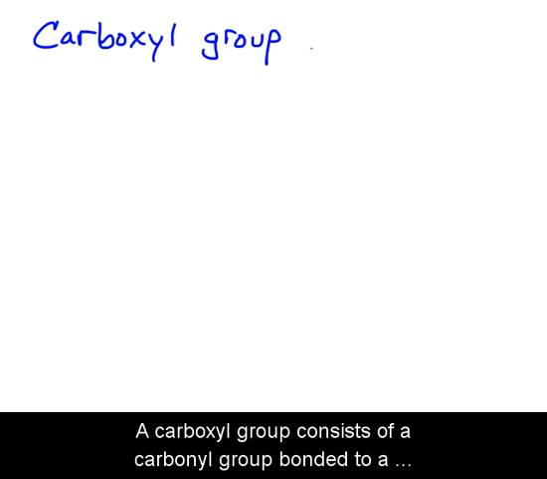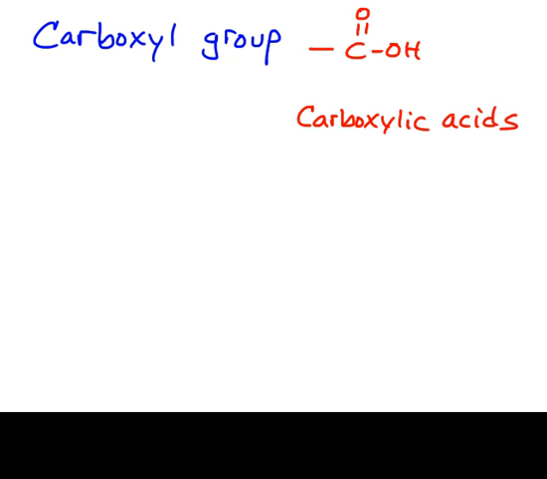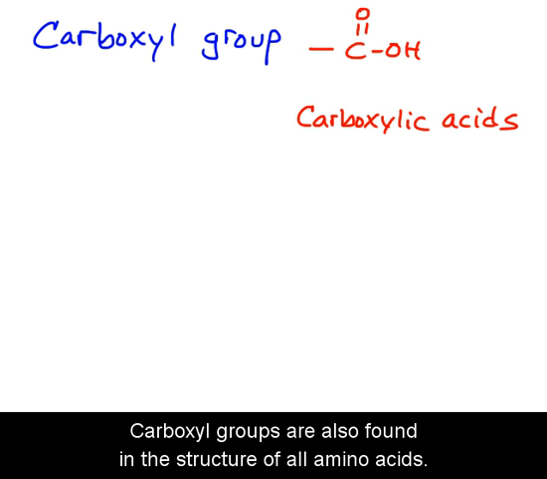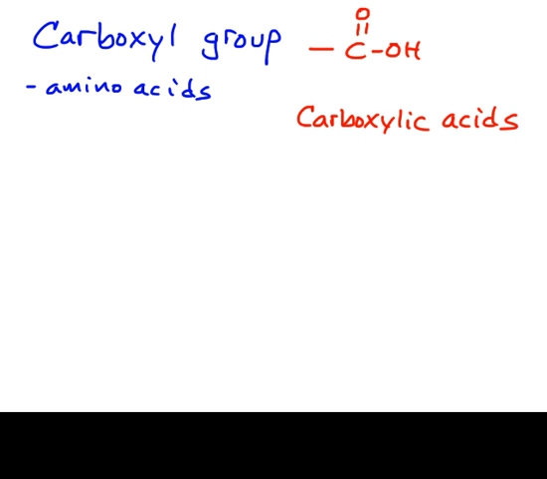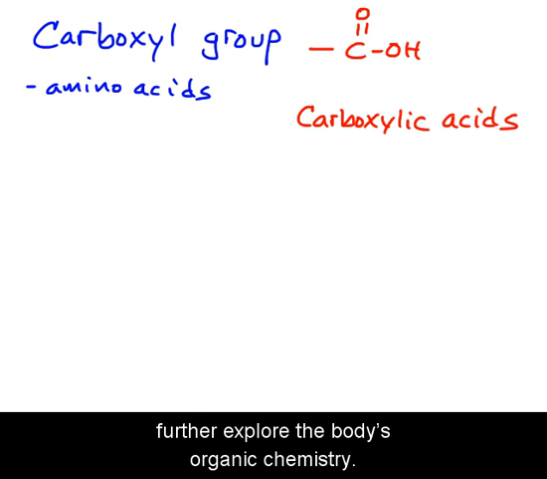A carboxyl group consists of a carbonyl group bonded to a hydroxyl group and forms acids called carboxylic acids. Carboxyl groups are also found in the structure of all amino acids. We will encounter these and other functional groups as we further explore the body's organic chemistry.